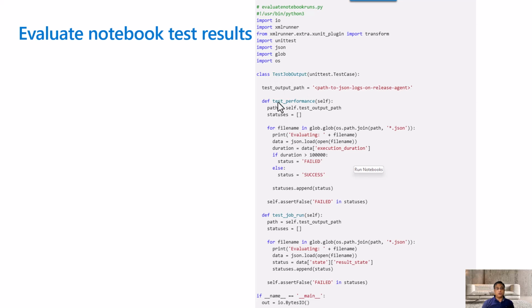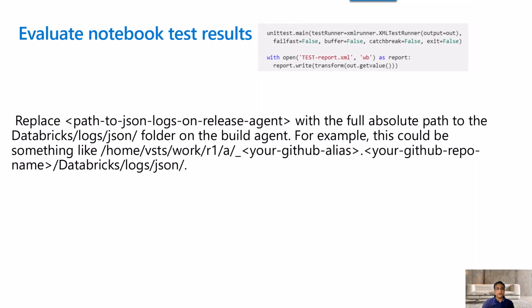This test job result output has multiple helper functions: test performance, test job run, right? And similarly it provides multiple functions like that. What it is doing is running the unit test, and based on that it is going to give you the output, and that output will go into the particular folder.